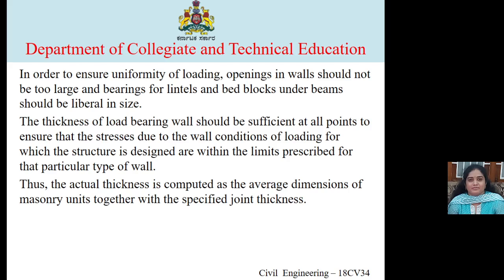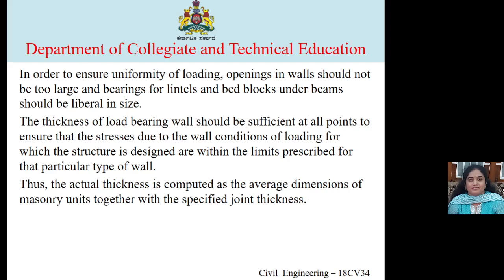Okay. So the thickness of the bearing wall should be sufficient at all the points to ensure that the stresses due to the wall conditions of loading for which the structure is designed are within the limits prescribed for the particular type of the wall. The thickness should be uniform. That is, if the structure is designed for 230 mm thickness of the wall, then you need to maintain the thickness throughout the wall.